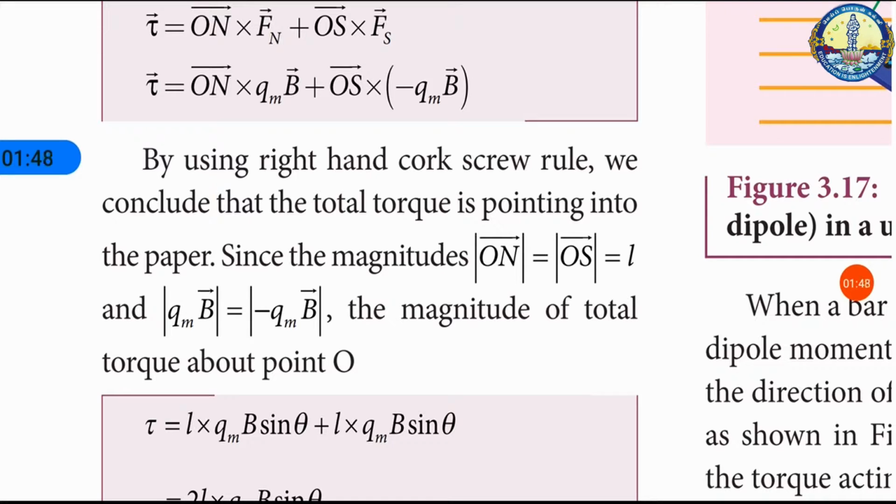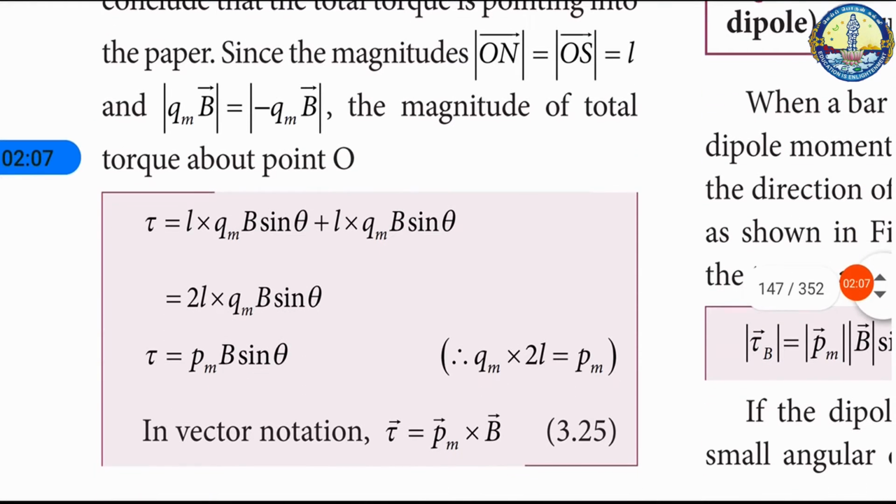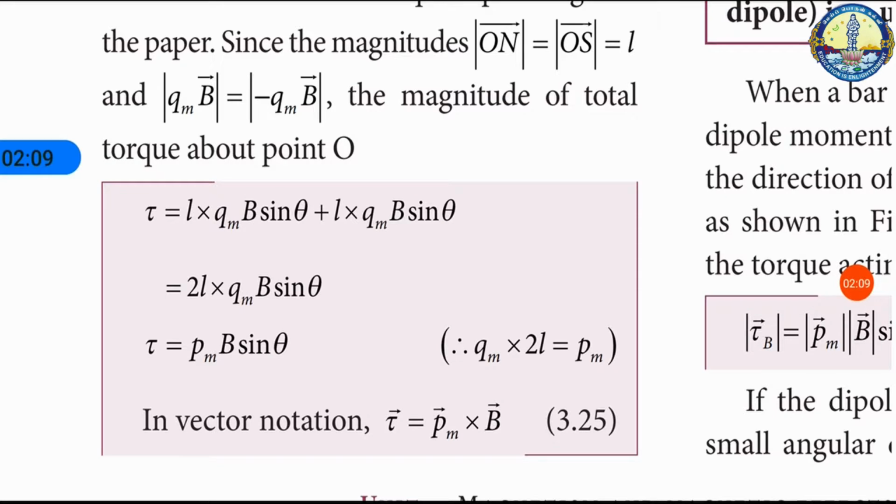The angle between the bar magnet and the uniform magnetic field is theta, so the torque at point O is L into Qm B sin theta. By adding these two values, we get 2L into Qm B sin theta.